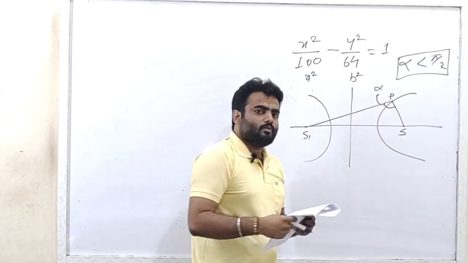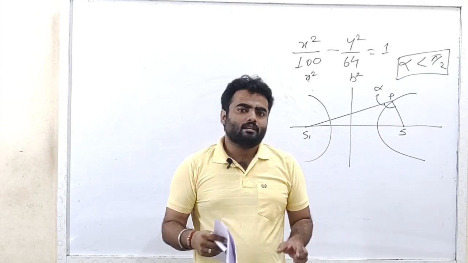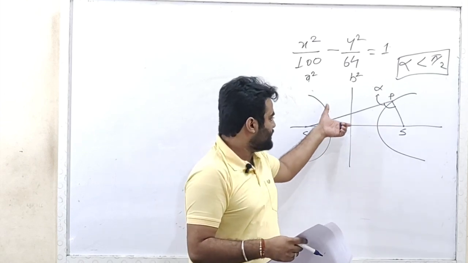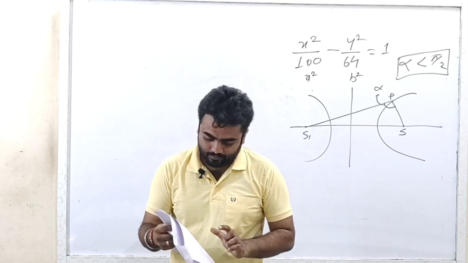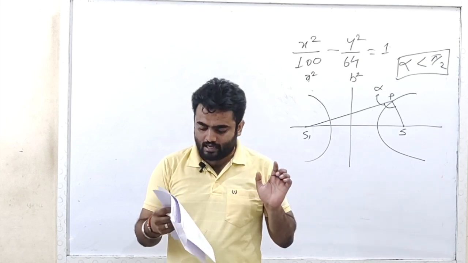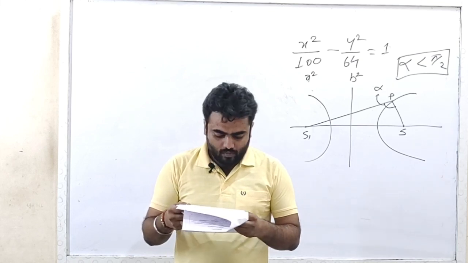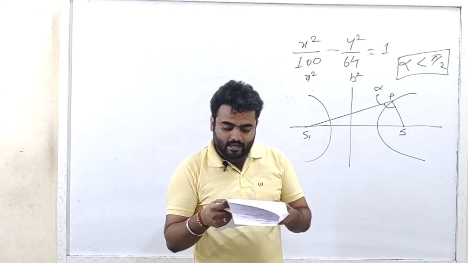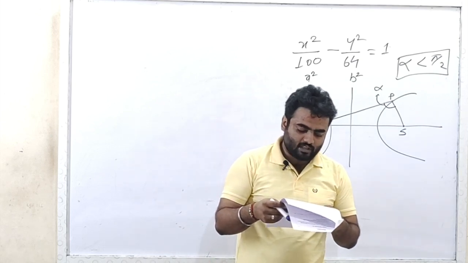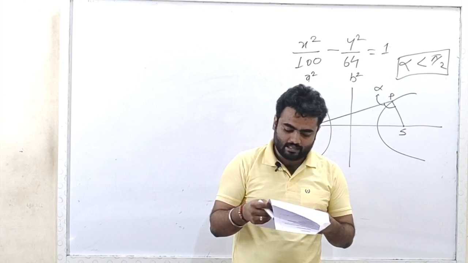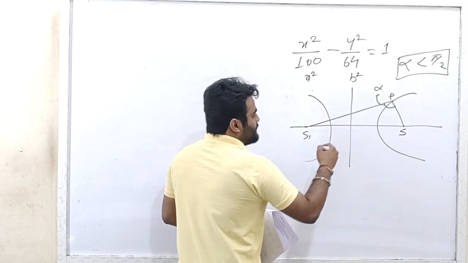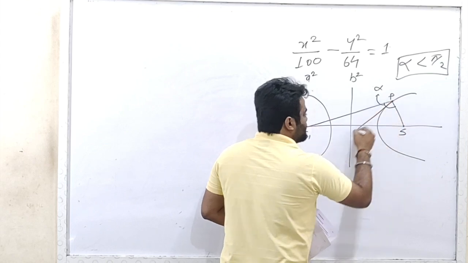Right now I am simply figuring out the diagram of this question, whatever the question is asking. The straight line passing through the point S and having the same slope as that of the tangent at P. So here let's draw one tangent at P over here.